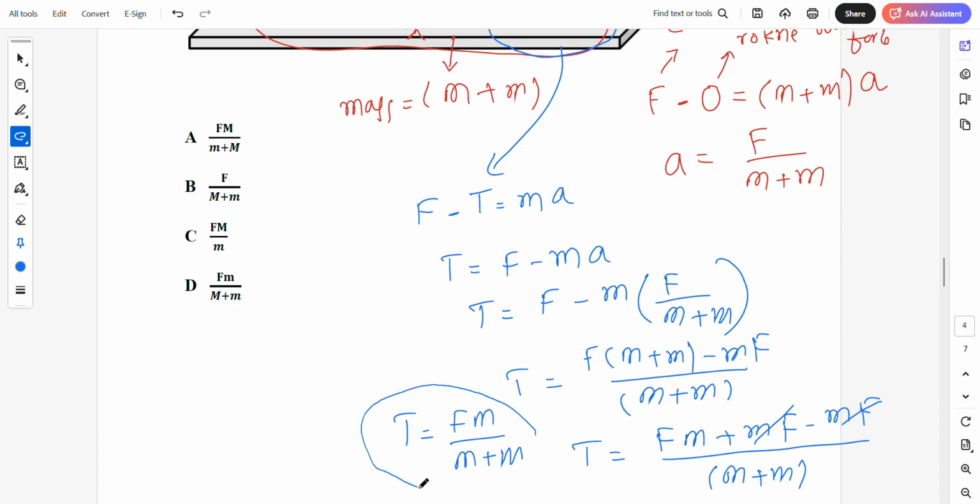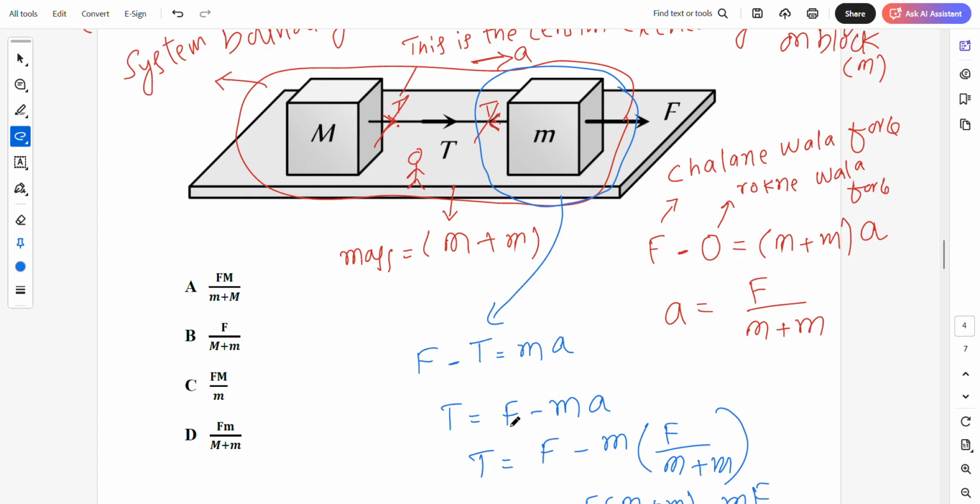But we will not be taking the second answer you got, no doubt. Whenever you stand here, you will be looking for the block which is having only one force. This is the technique. If I observe from here, on the left hand side, you only compare the difference.